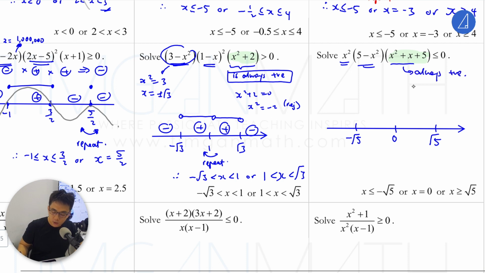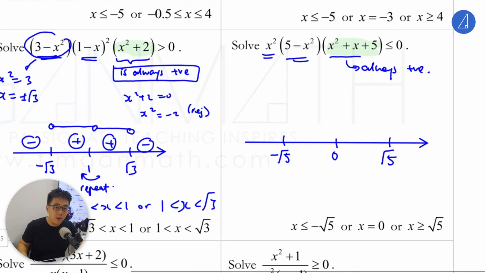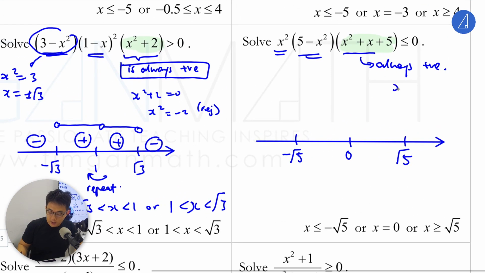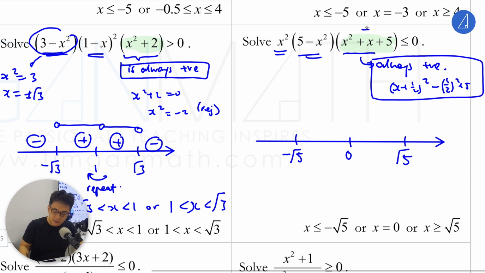Usually they'll say show that it's always positive, you can just complete the square. But the fact that it's always positive, you don't really care. It won't affect the number line, because you can just replace it with a positive number there.